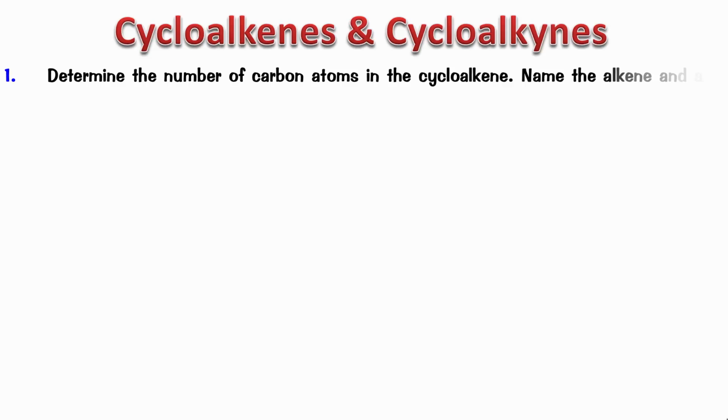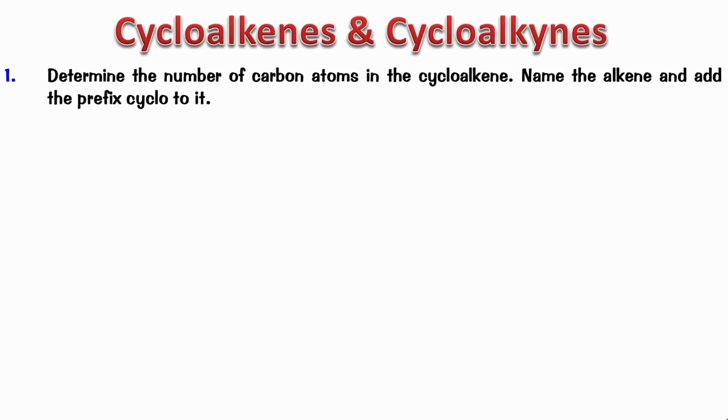The first thing that we need to do is to determine the number of carbon atoms in the cycloalkene and then name the cycloalkene as the name of the alkene with the prefix cyclo to it. So determine the number of carbon atoms in the cycloalkene, name the alkene and add the prefix cyclo to it.